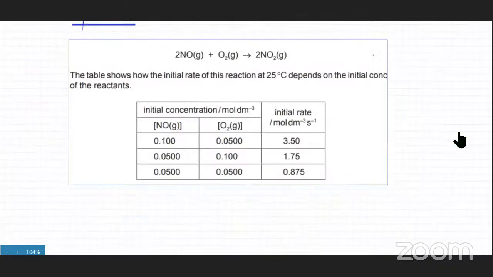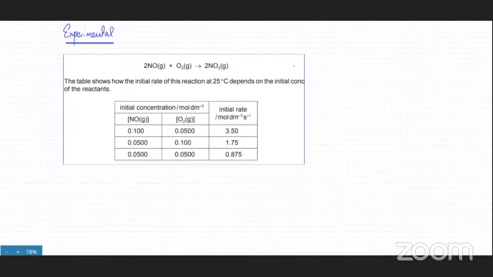The way you find the order of the reaction: there are going to be two types of table, an easy table and a slightly more difficult table which has to be solved. First, you find two experiments in which, out of two reactants, the concentration of only one changes.